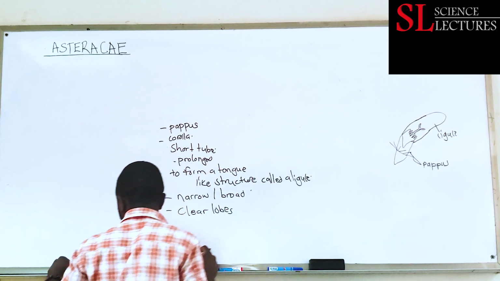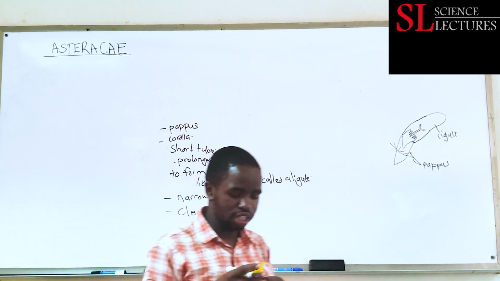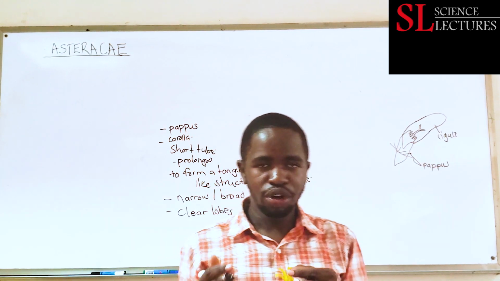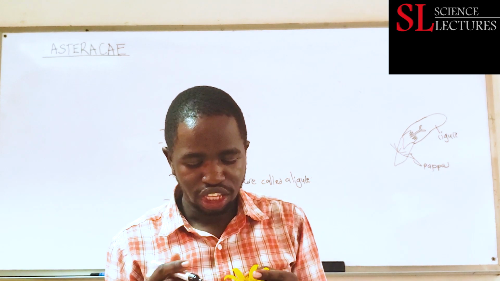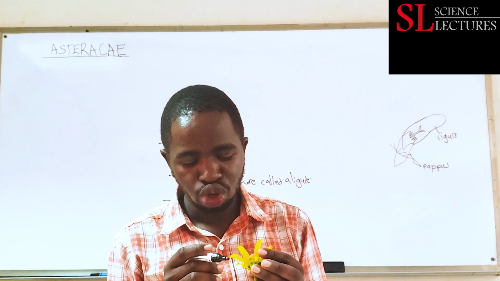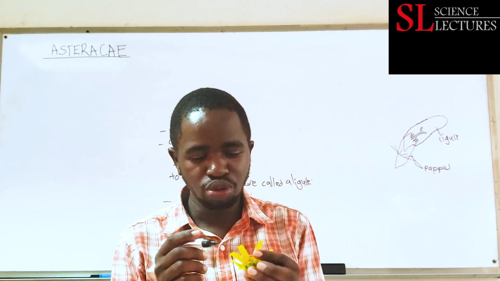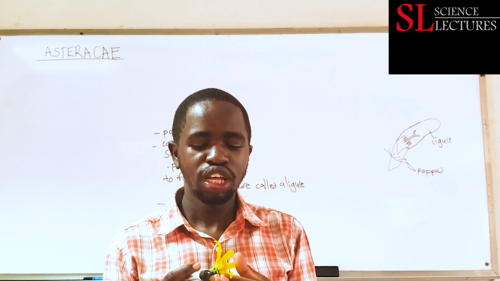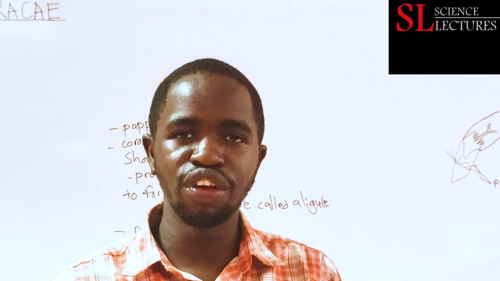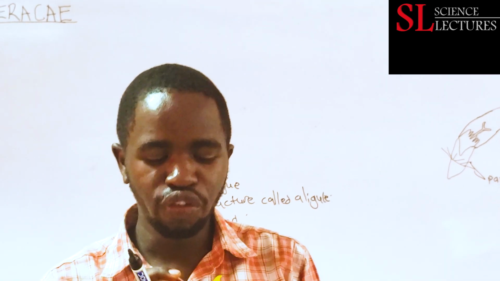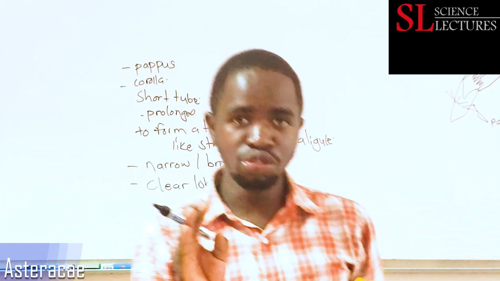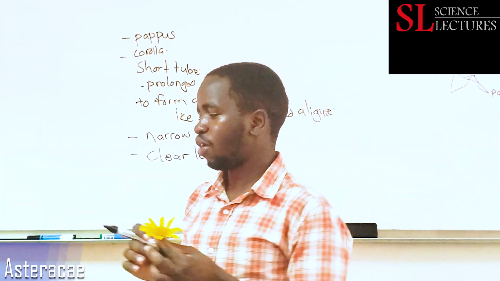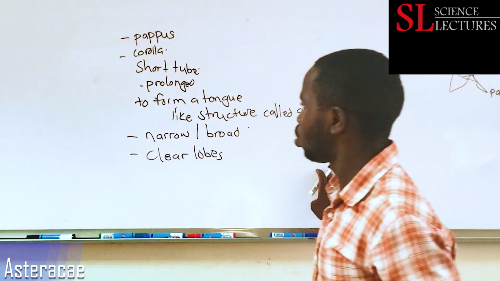When you observe my flower here, let me try to zoom in, it is terminating into lobes, things that look like tooth-like appendages. If you want to see more of how ray flowers look, please look for Helianthus annuus, which is the sunflower.